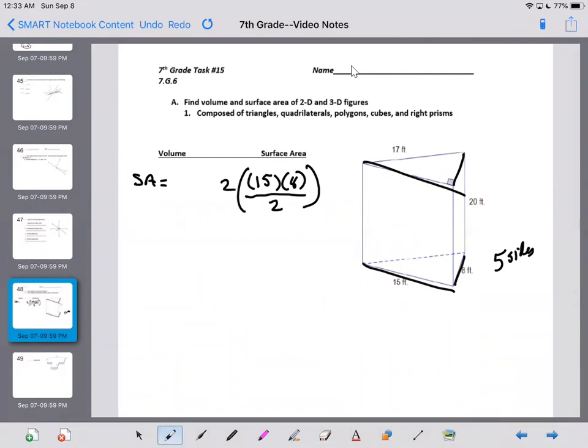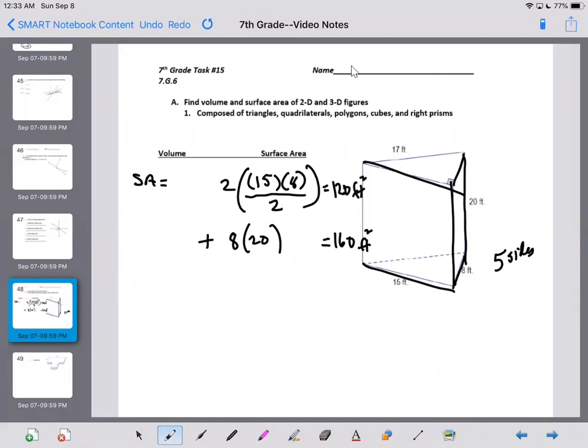And then what are we going to add? Well, we're going to add then this side over here, which is an 8 by 20. So that's a length times a width. Well, that's going to be 160 square feet. And this is going to be 120 square feet.